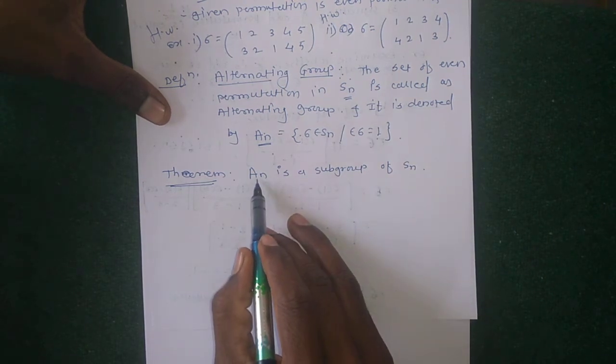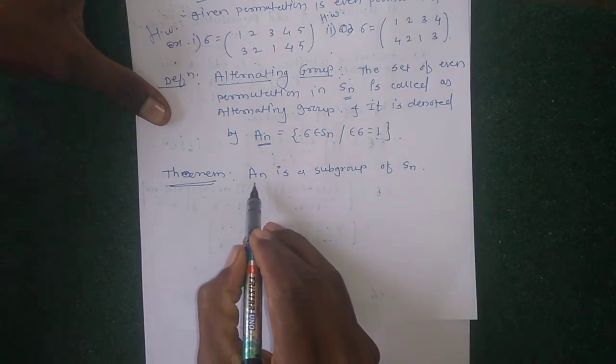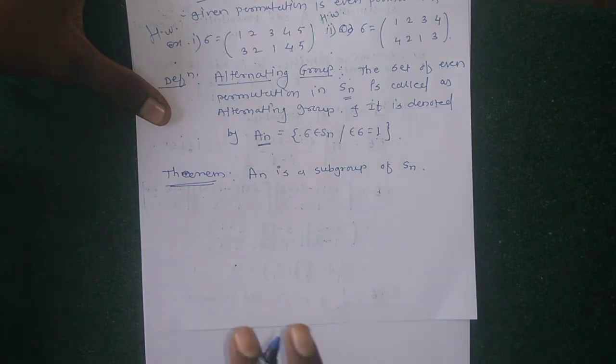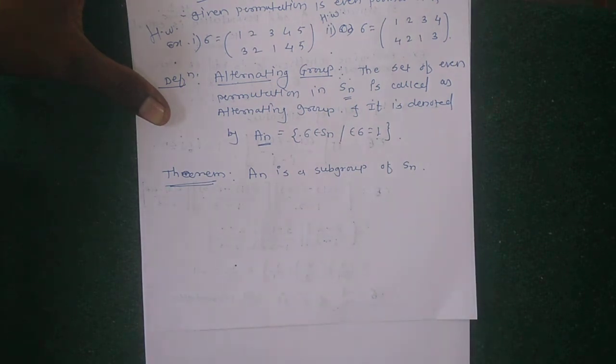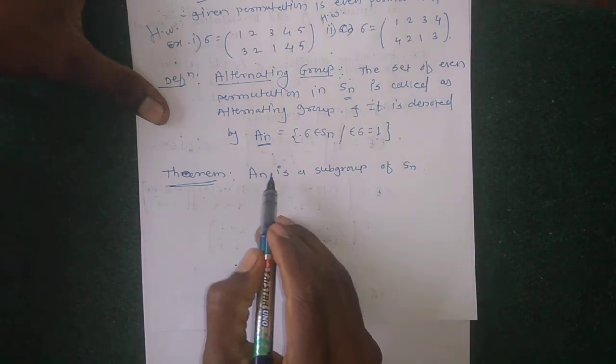If we choose any two permutations in An, they are even permutations, and the product of even permutations is again an even permutation. This remark was seen in the previous lecture. The product of even permutations is even, so it is closed under multiplication.